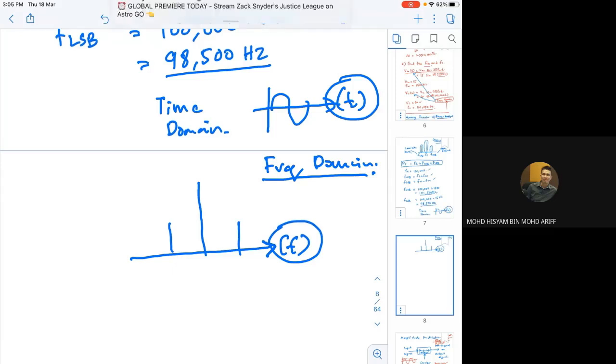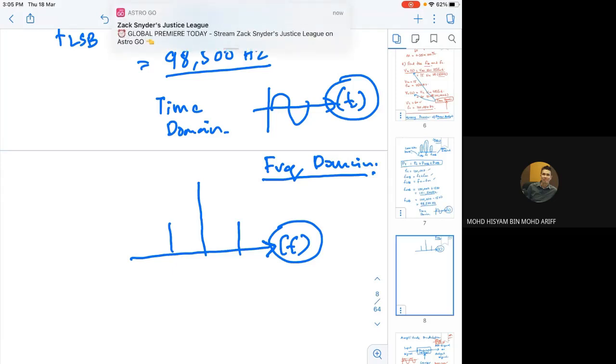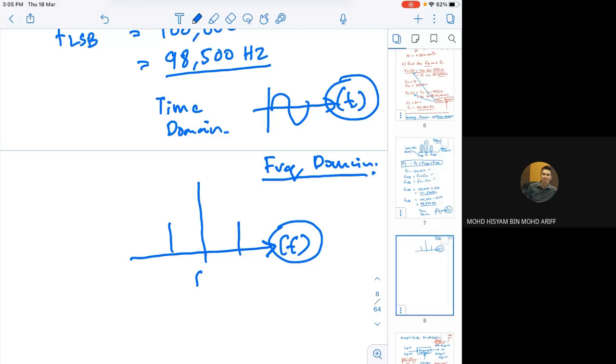We go to your next slide. Understand this concept? Here is your FC. This one is F upper sideband, this one F lower sideband.